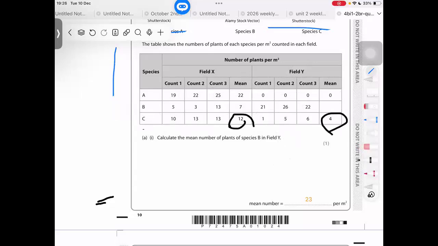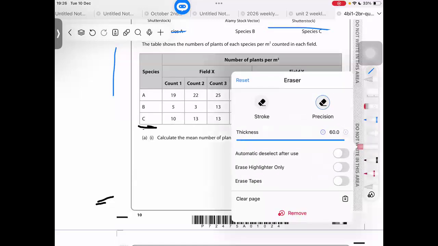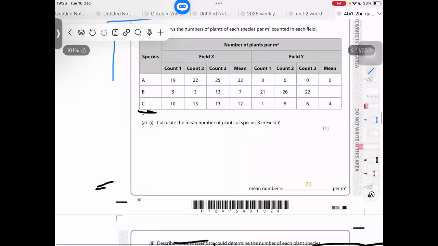That means the number of individuals in C species in field X is 12 and the number of individuals in C species in field Y is 4. You can compare those values, and also say whether there is a higher variation or not. But it's better if you just explain these ones rather than going into details, because that's what they have given.